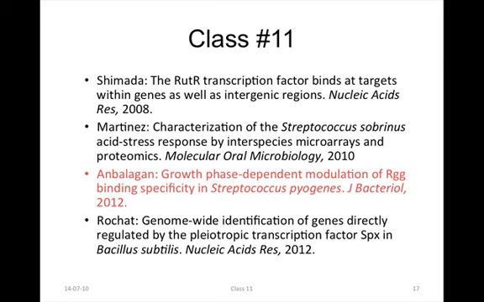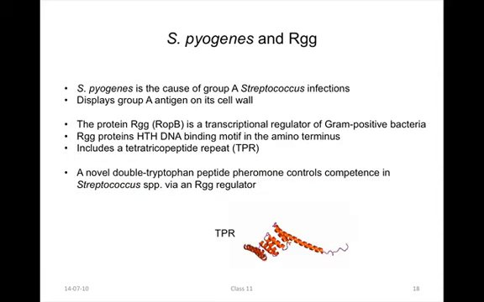Cool. Okay, next paper. Balaban talks about RGG binding specificity in pyogenes. So what is strep pyogenes? Well, it's a group A strep infection-causing bacteria. It displays group A antigen on its cell wall. And what is RGG?